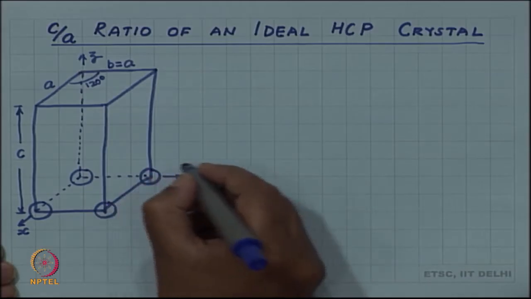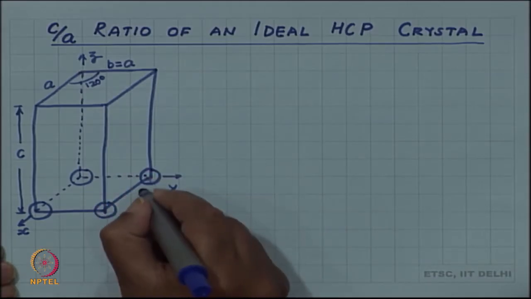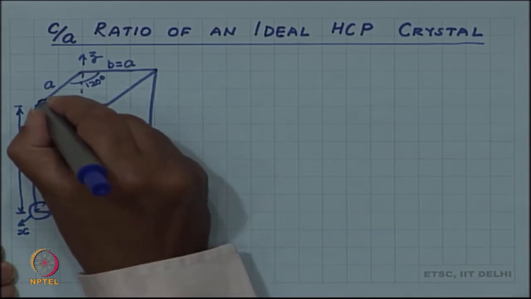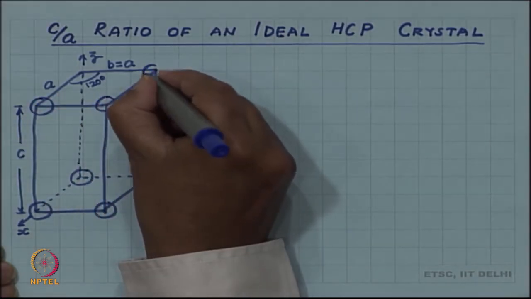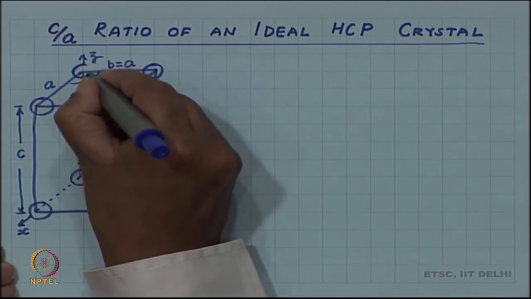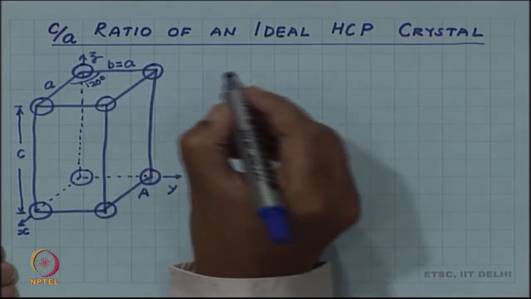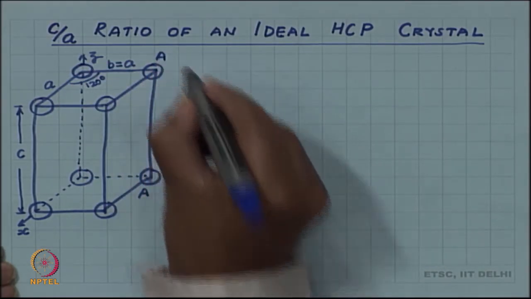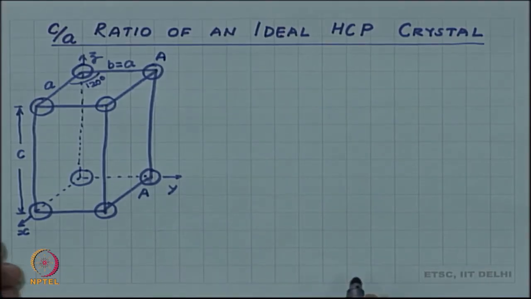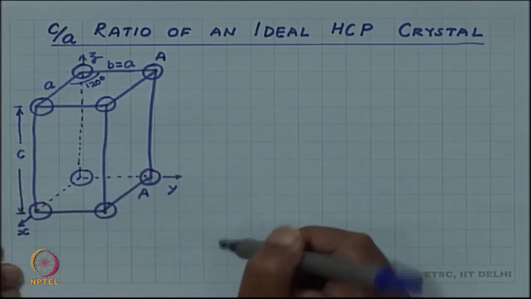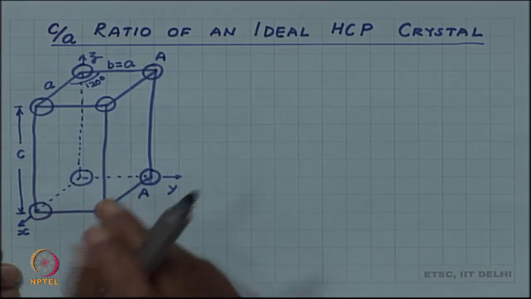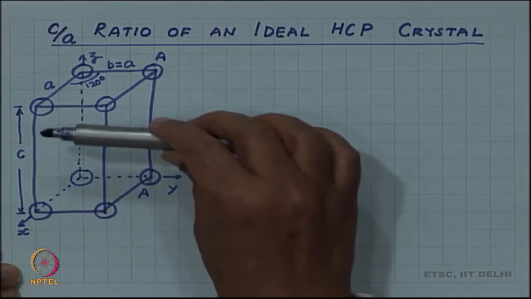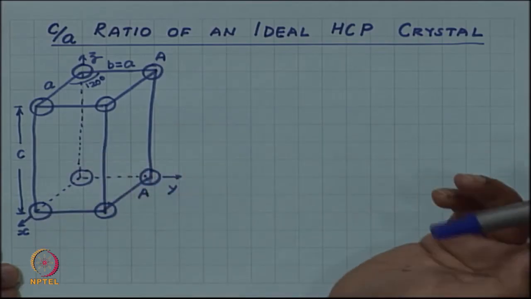So, these are all A atoms, and on the top corner these atoms are also A atoms. So, the C parameter is essentially a spacing between two successive A planes.